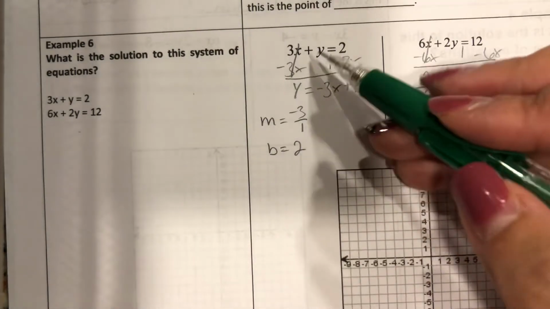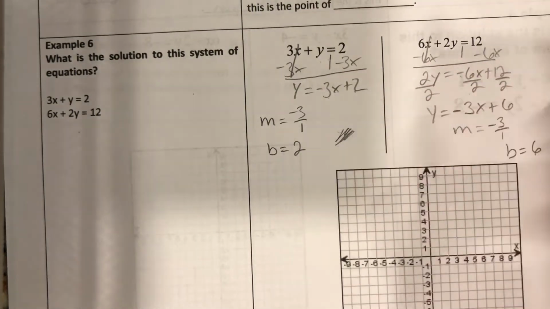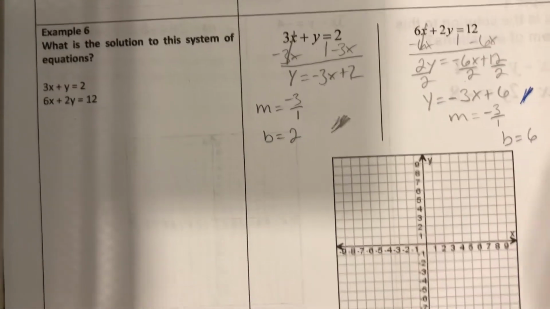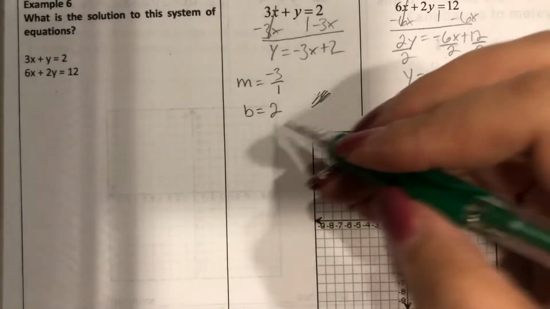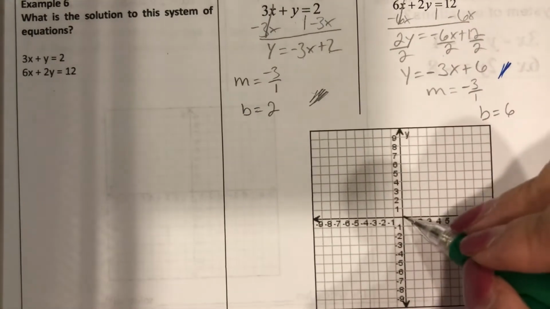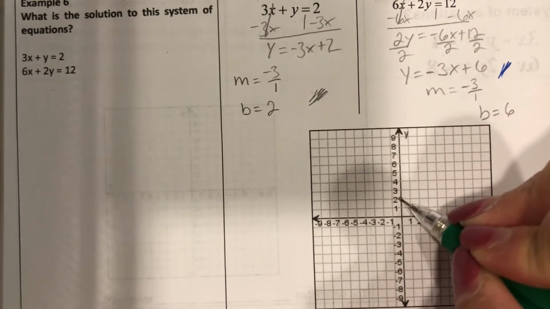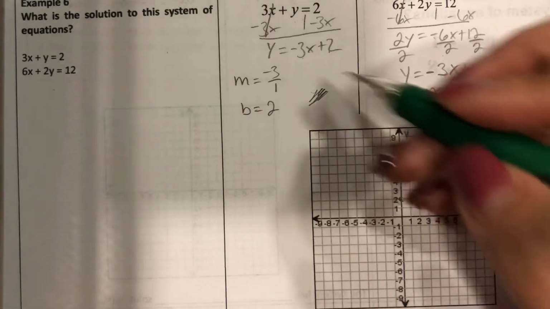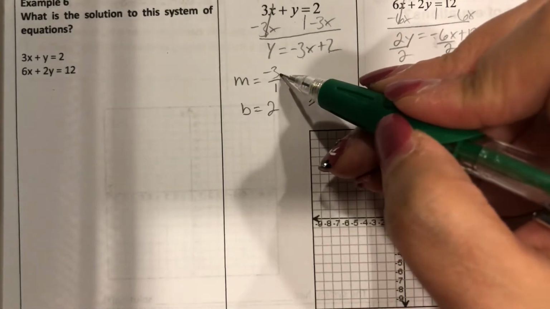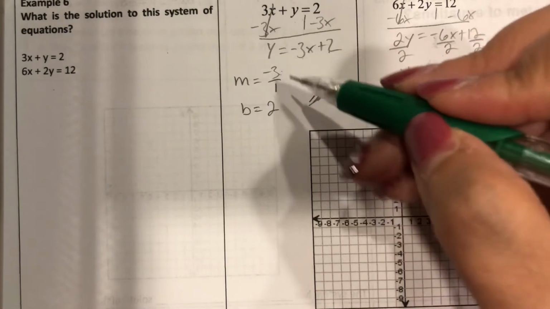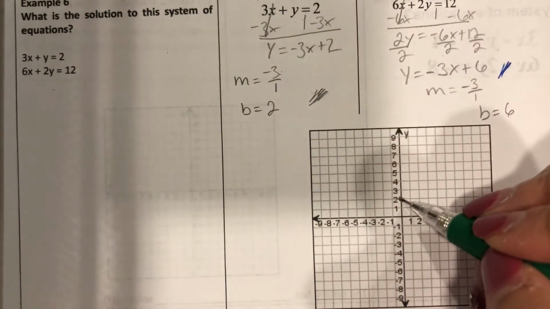All right, so for this first one, I'm going to do this in pencil. For the second one, I will do this in pen. So pencil, I'm at 2, so I start at 0, and I'm going to go up 1, 2, plot my point. From here, since this is a negative, remember my shortcut, negative means I go down from the top.